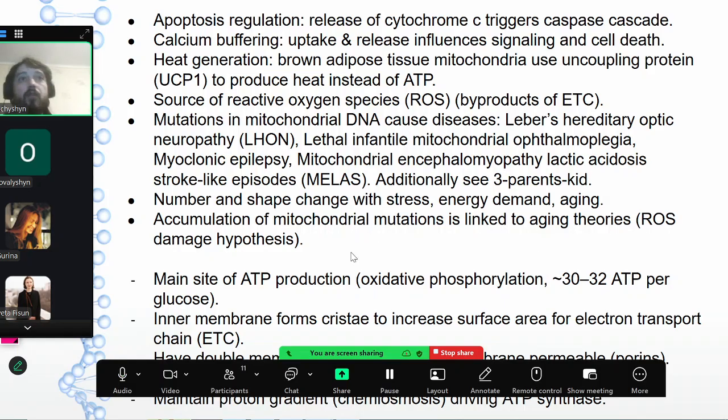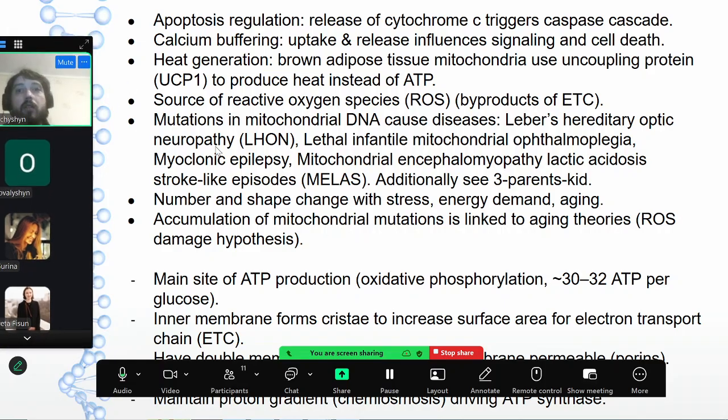And have you ever heard news about the kid of 3 parents? I guess that was in England. No? There was at least one case when parents had some sort of defective mitochondria, and they knew that their child would inherit that and get that optic neuropathy, which is really bad.